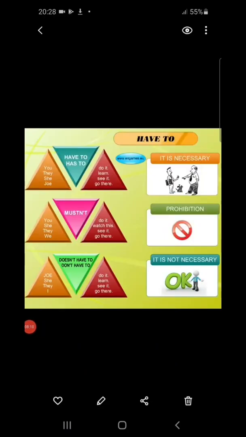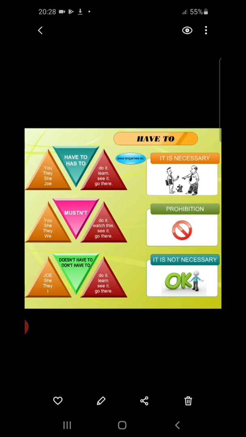Example, see the sentences with the words have to, has to, mustn't, doesn't have to, don't have to. You have to do it. They have to learn.